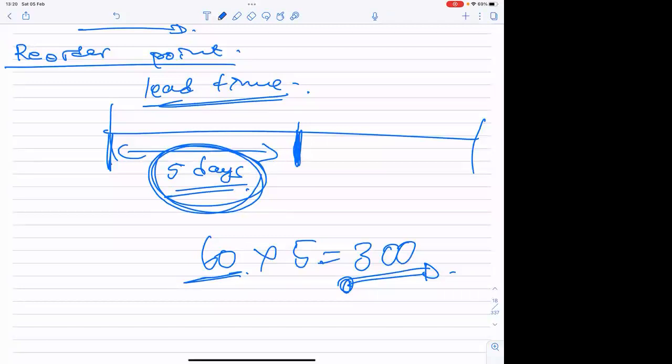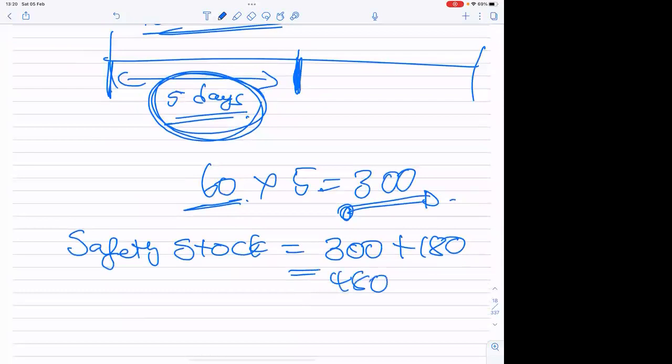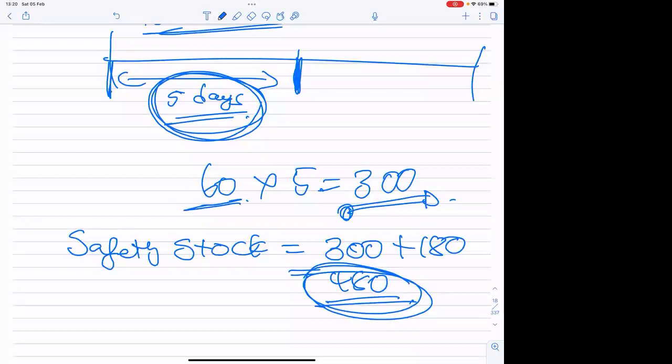But please don't forget to say the safety stock should always be there. So that's why we are saying 300 plus 180, which gives you 480. If we reach 480, we need to reorder to make sure that we don't run out of stock.